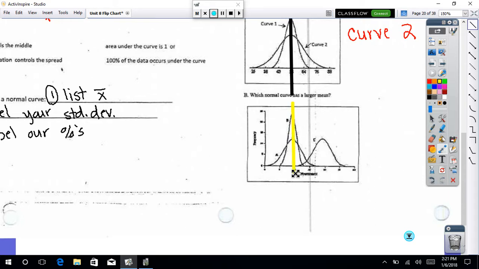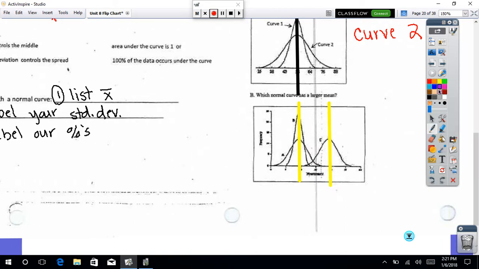Their mean is falling right here. Two different curves, but their means are the same. And this one's mean is right here. So if you think about this as a normal XY graph that you're used to seeing from elementary school, curve C has the larger average, or the larger mean.